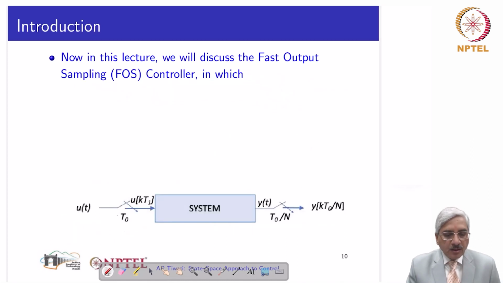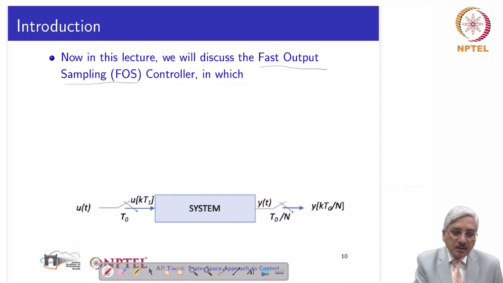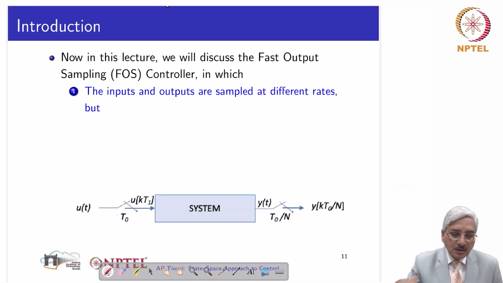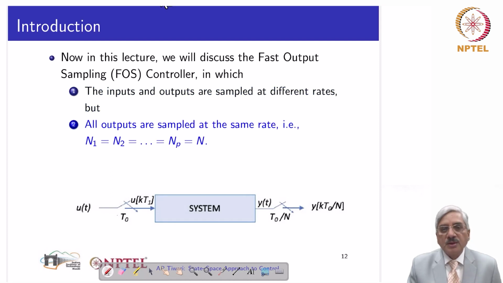Now we will be discussing the fast output sampling controller. In this controller, essentially, the inputs and outputs are sampled at different rates as was done in the multi-rate output controller. However, there are two differences from the multi-rate output controller. The first difference is that all the outputs are sampled at the same rate.